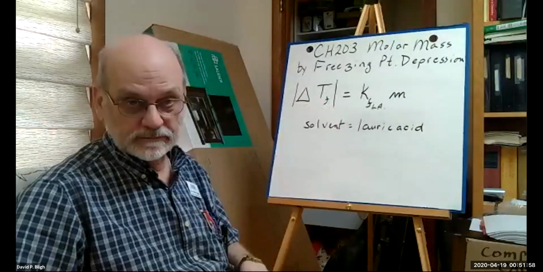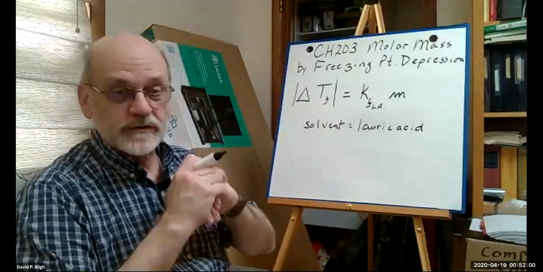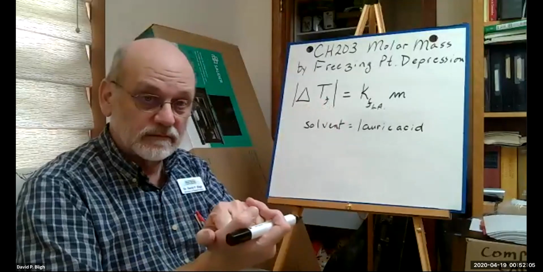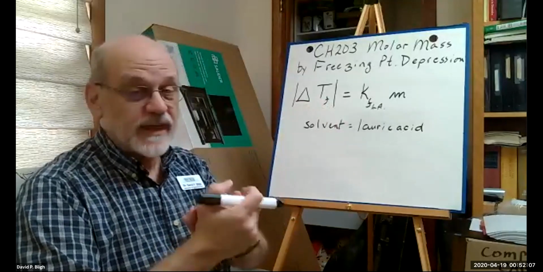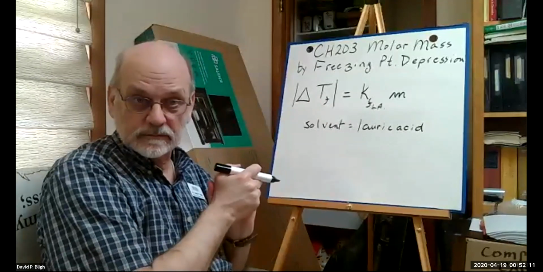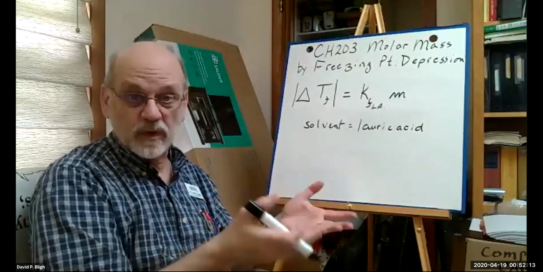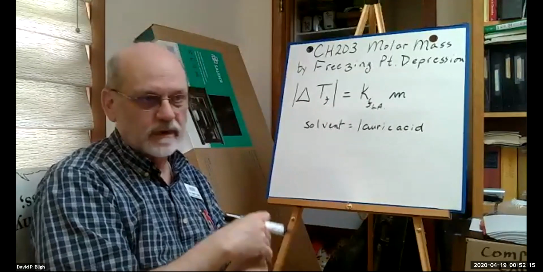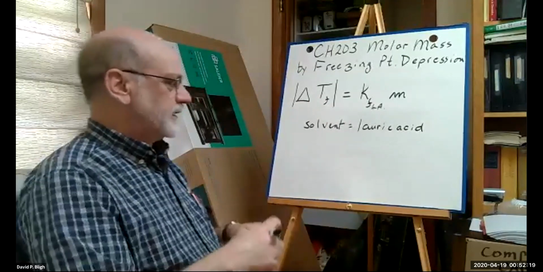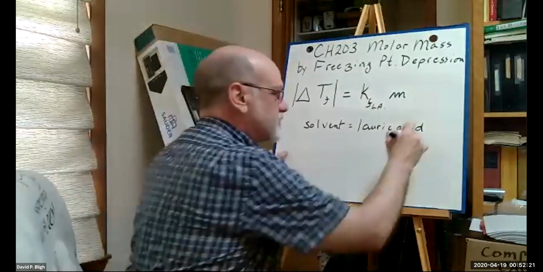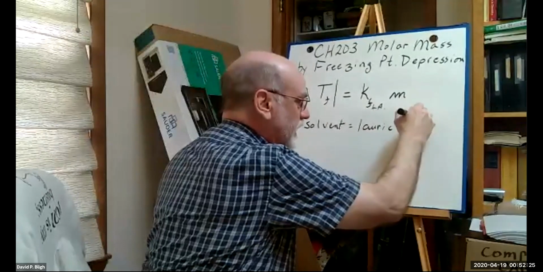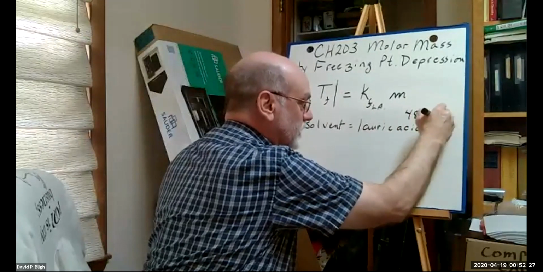freezing point. And of course, what does freezing point mean? The point at which a liquid turns solid. Well, that same temperature is when the solid turns liquid when you heat it up. So it could be melting point as well. Melting point and freezing point are synonymous. They're the same temperature. For lauric acid, the accepted value is 48.3 degrees centigrade.